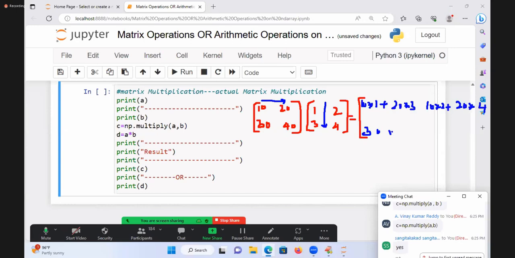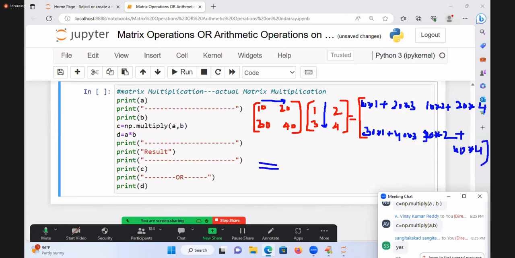30 into 1 plus 40 into 3. Next, 30 into 2 plus 40 into 4.